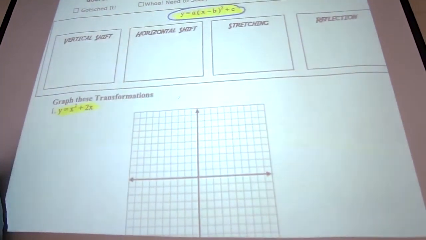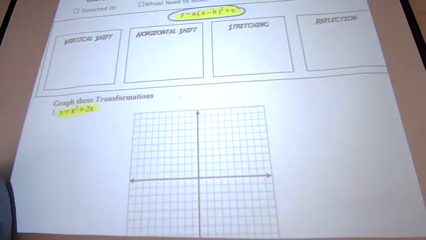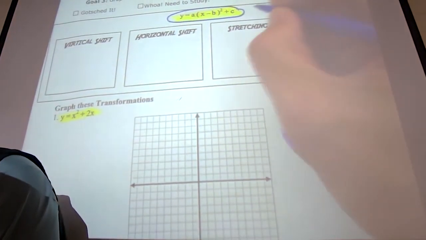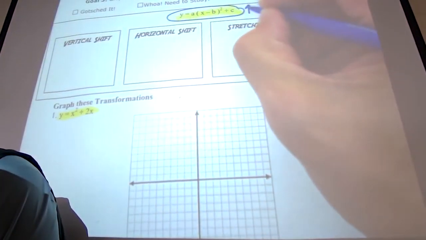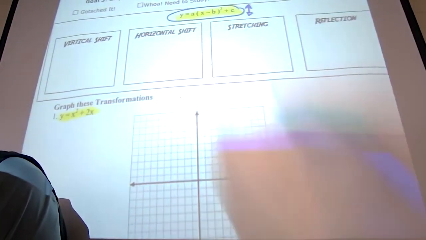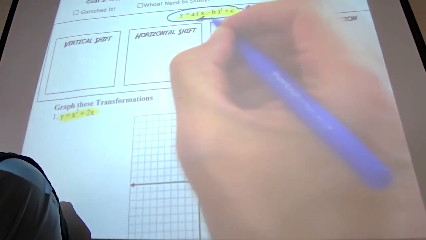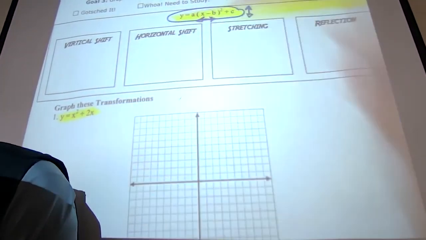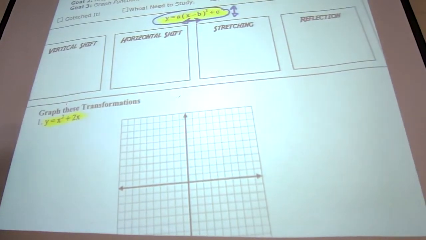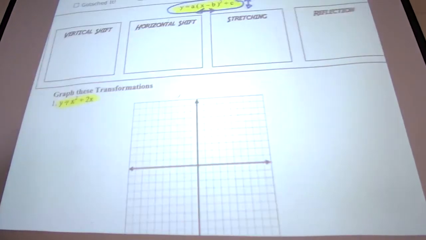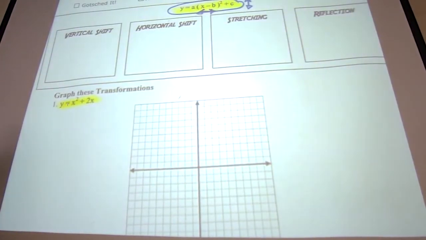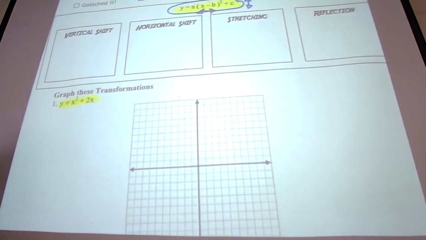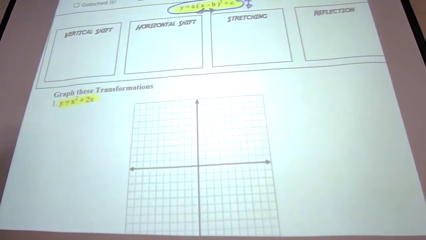If we can do that, then we know from our previous lesson, we'll know what the shifts are, up or down, from the c value. We'll know the shift left or right, and then we'll know our a value if there's a reflection or not. Okay, the ones you're going to deal with have no reflections or stretches, so you don't have to worry about a. It's really knowing where b and c is going.